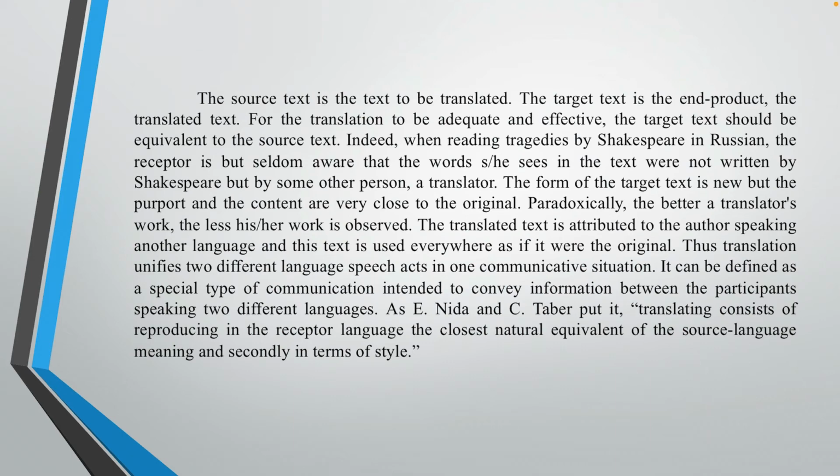Speech acts in one communicative situation. Translation can be defined as a special type of communication intended to convey information between the participants speaking two different languages. As Nida and Taber put it, translating consists of reproducing in the receptor language the closest natural equivalent of the source language message, first in terms of meaning, and secondly in terms of style.